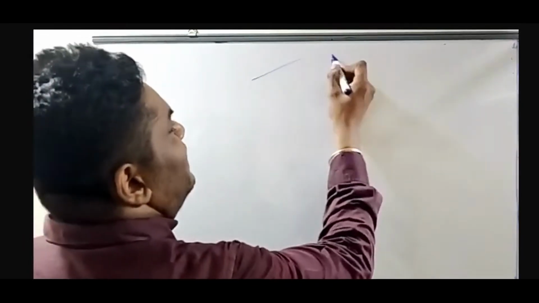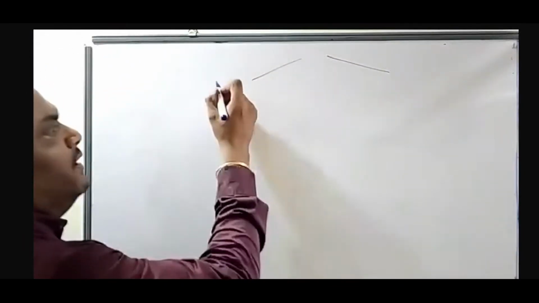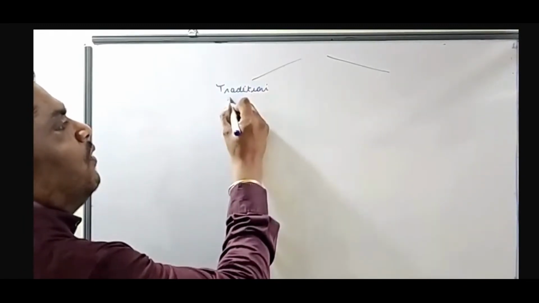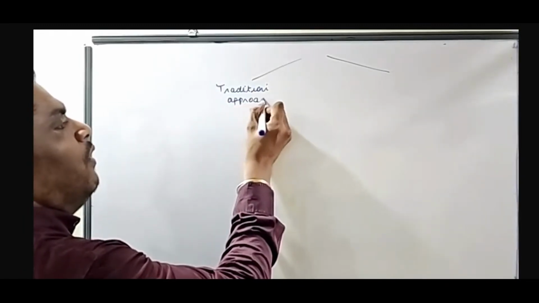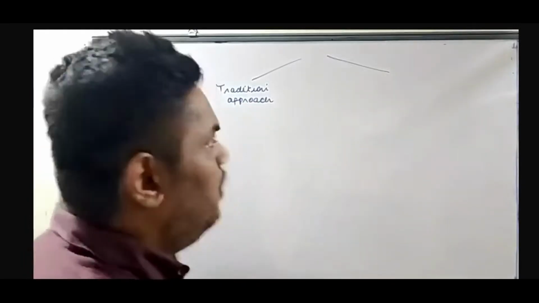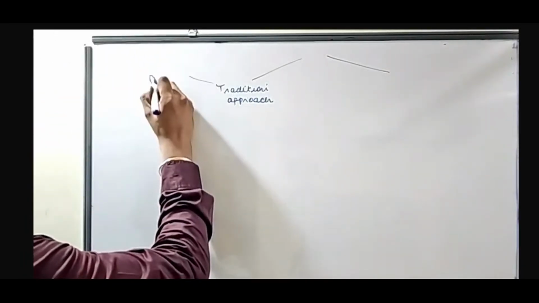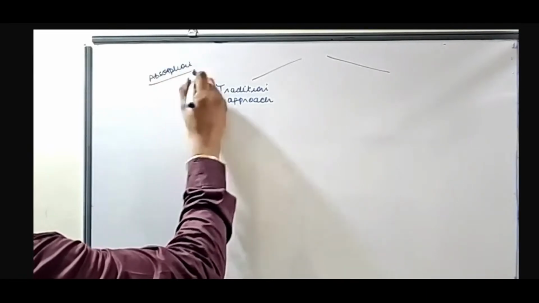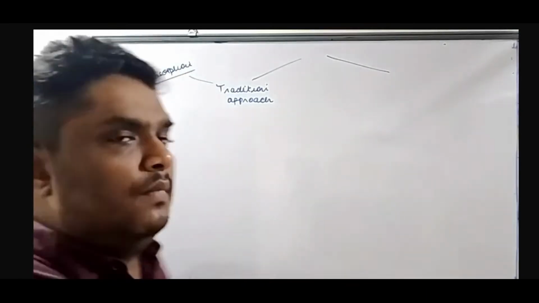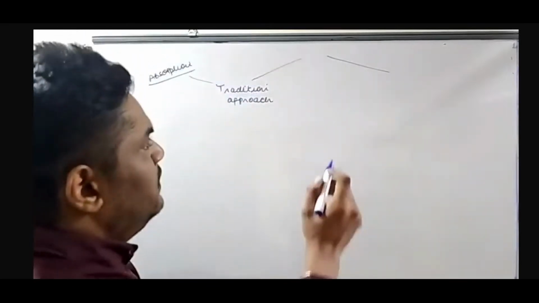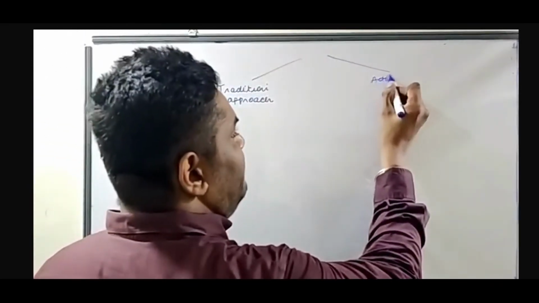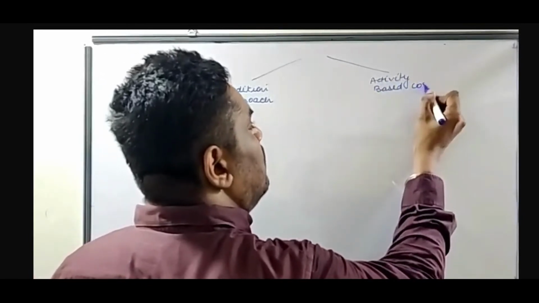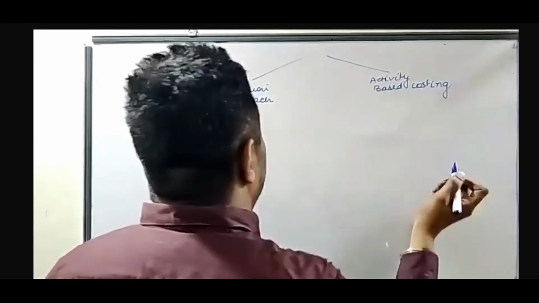So as I discussed, there are two approaches. Traditional approach, as what we learned in overheads, or we can say absorption. And when talking about the current chapter, that is activity based cost.